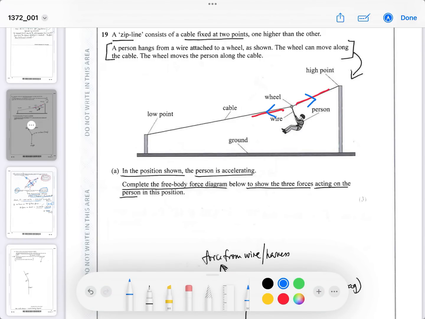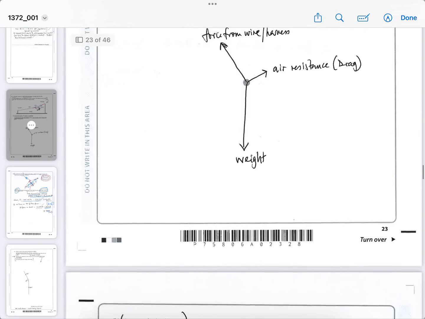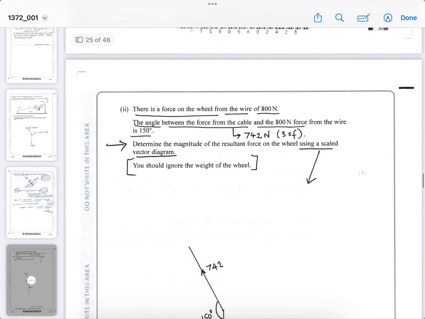The tensions must be balanced by this 800 newtons that way, yes? So that's what they're talking about, the wire pulling it down at that angle. So the two tensions must be balancing this force on the wire downwards, 800 newtons, which is largely due to the weight of the man or the person.